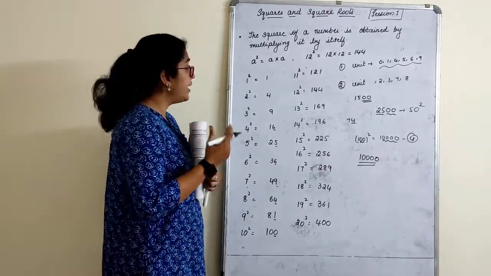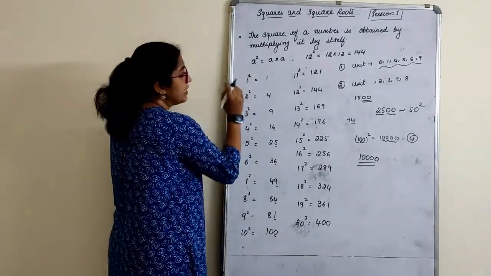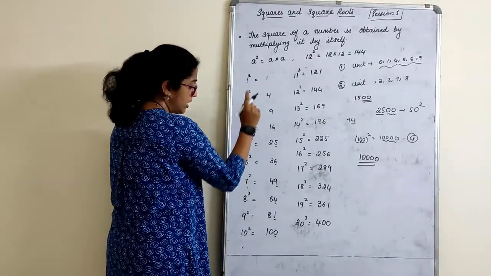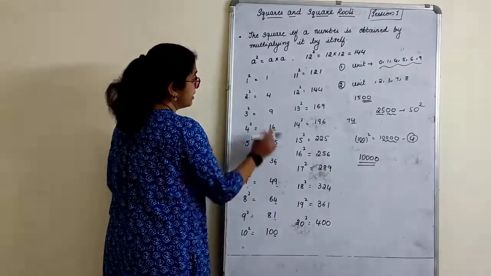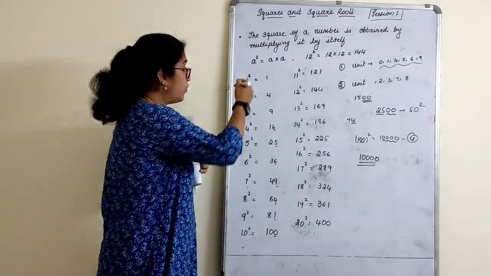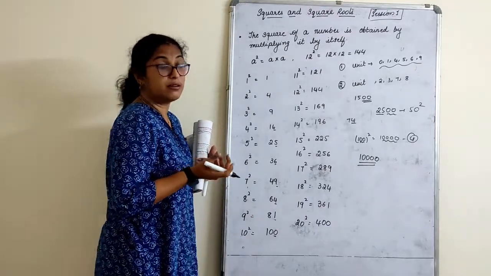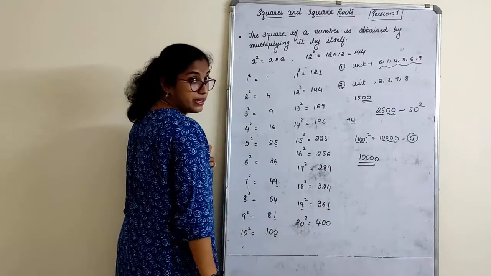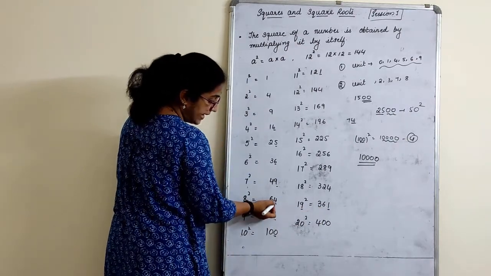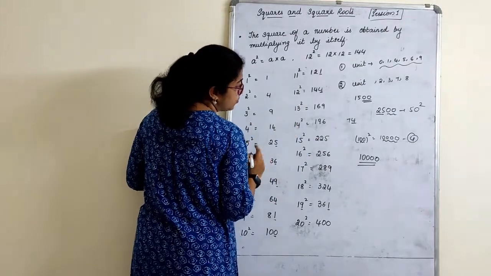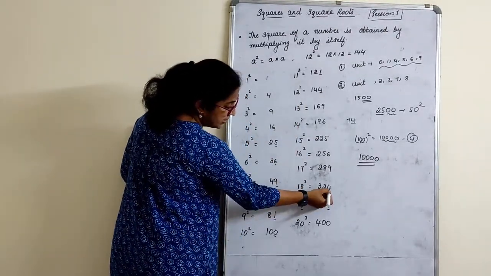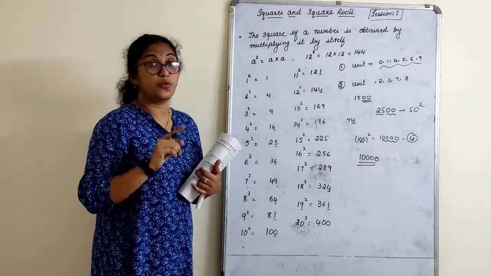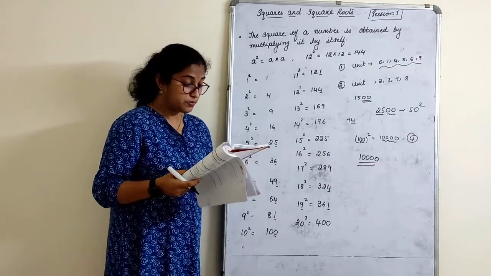Whenever you see a particular digit, it will appear twice. 1 squared is 1, 9 squared is 81, so 1 and 9 give the same unit digit. 11 squared is 121, 19 squared is 361. 2 squared is 4, 8 squared is 64, 12 squared is 144, 18 squared is 324. Why? Because 8 eights are 64, the unit place is 4. You have to remember that always.